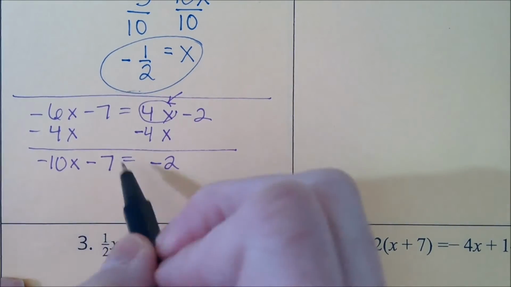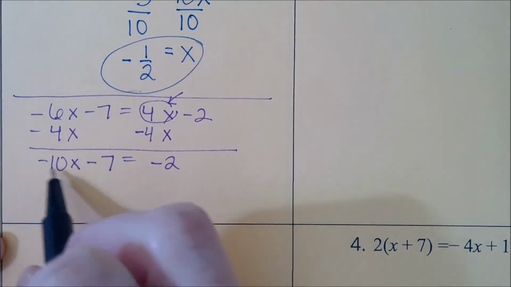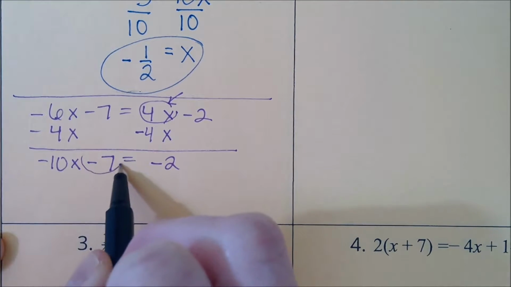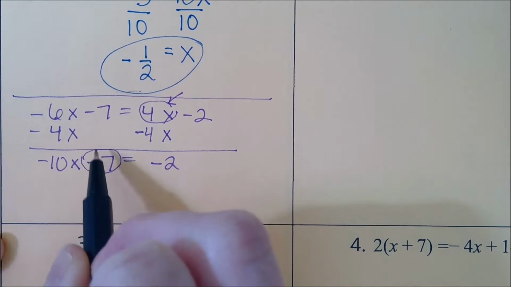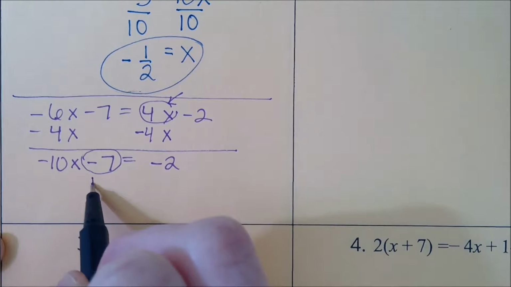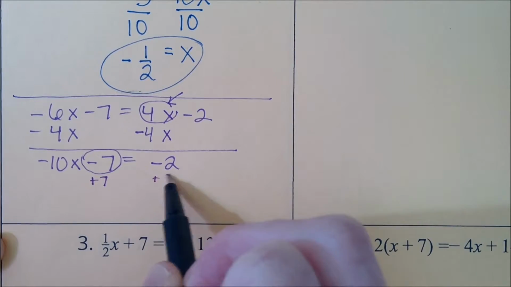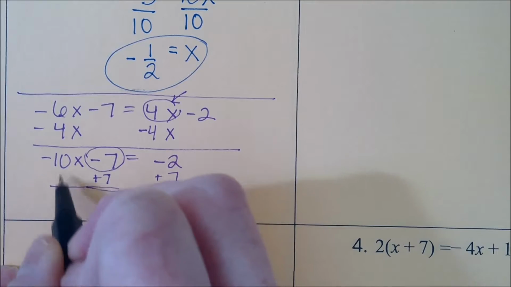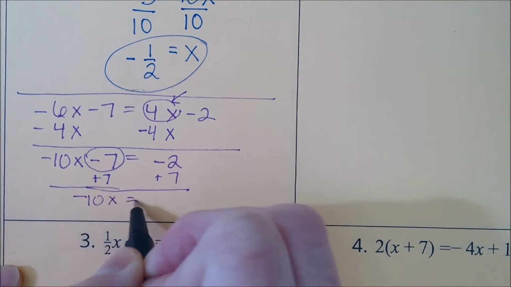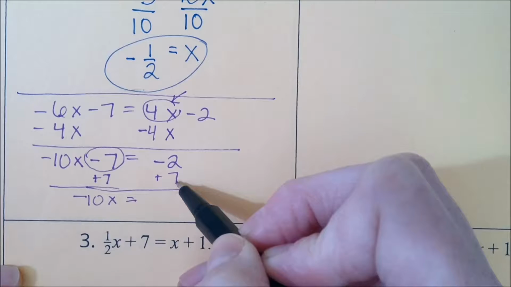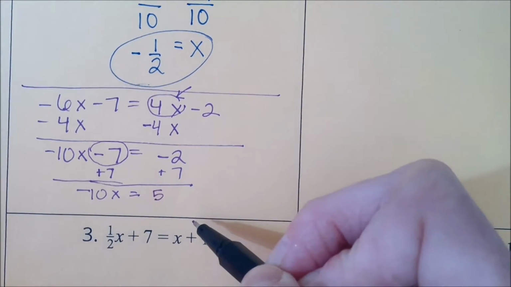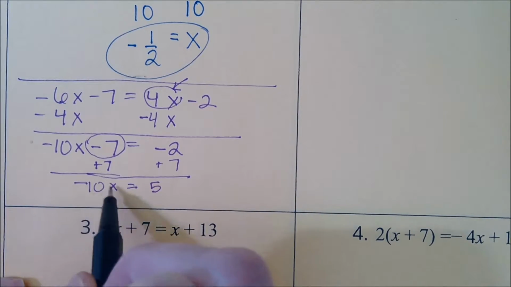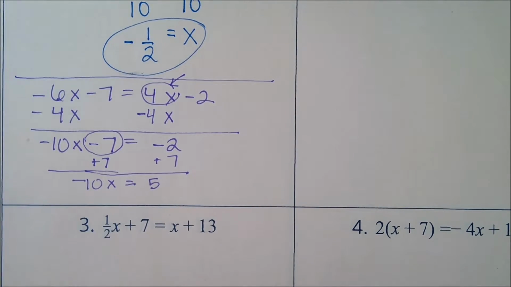So if I kept going, I now have all my x's on the left, so I want to get my numbers on the right. I have 7 negatives here, so imagine my 7 negatives hanging. To eliminate the 7 negatives, I'm going to place 7 positives. So I have my -10x on the left, and -2 plus 7 is 5. So I have the 10 negative x's that I want to break up into groups.